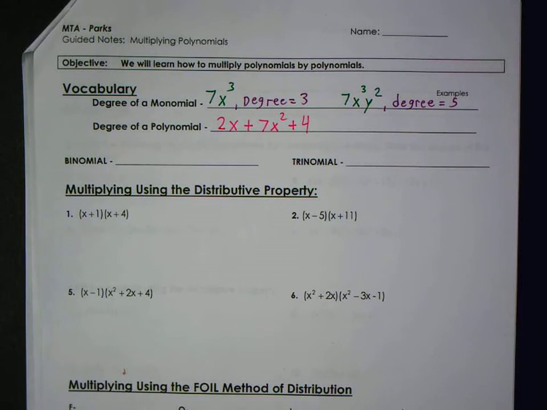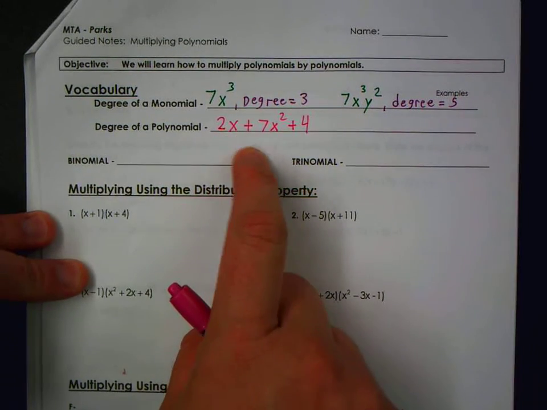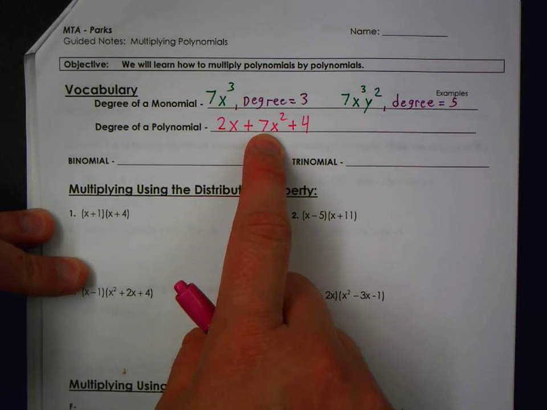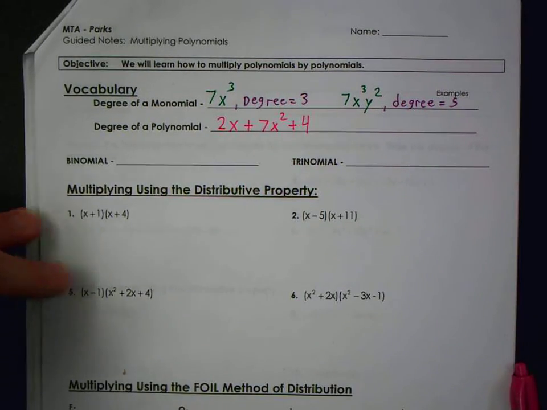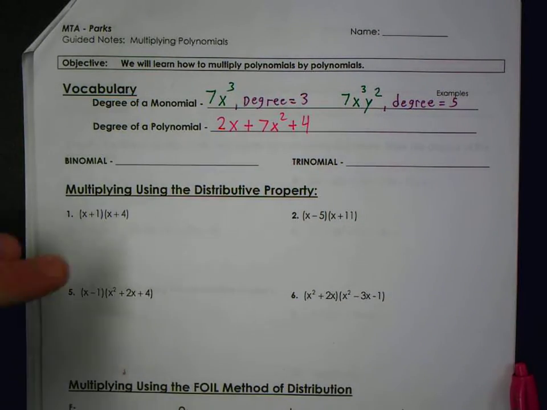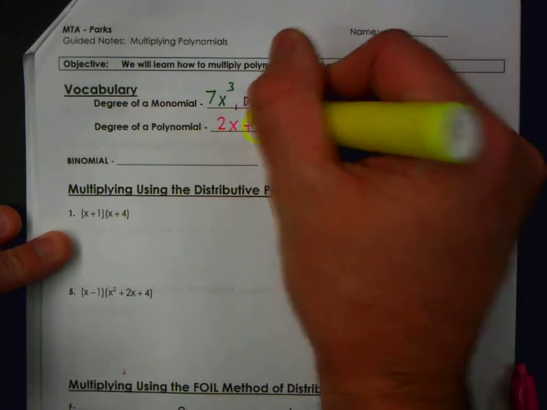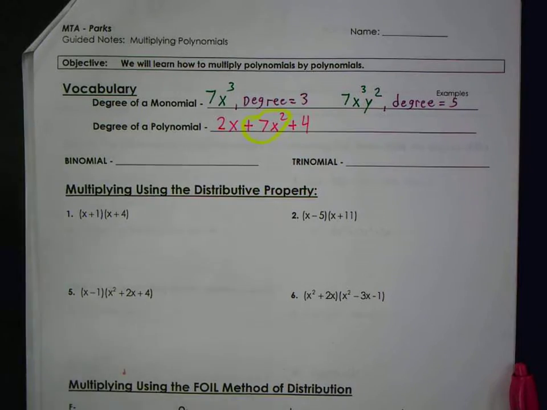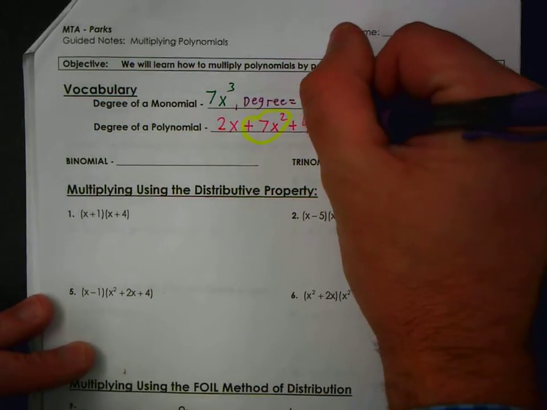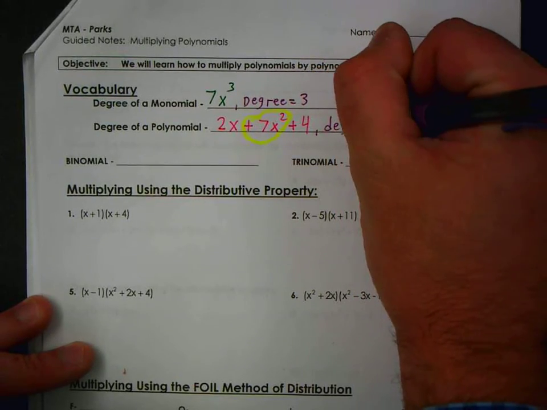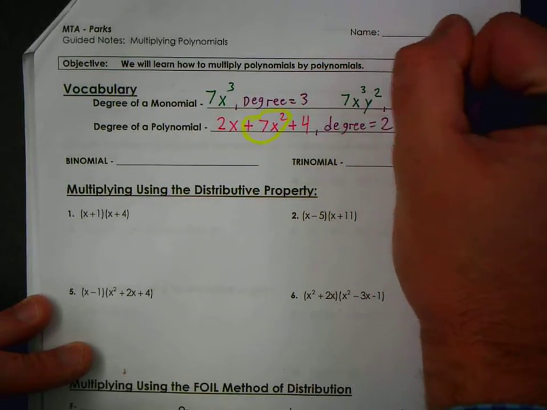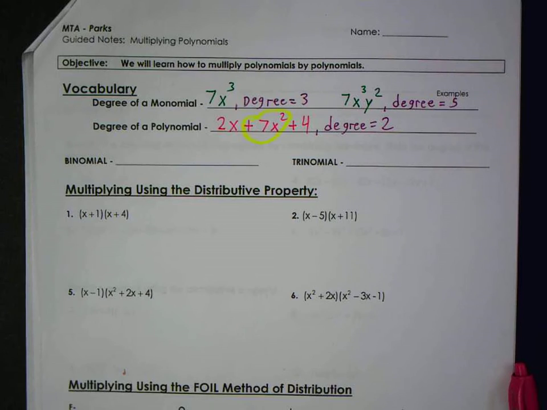We still look at the highest. So we have three terms. We have a 2x, we have a 7x squared, we have a 4. The degree is your highest exponent. So you would say degree equals 2. Okay. So that's what degree means. It's the highest exponent.